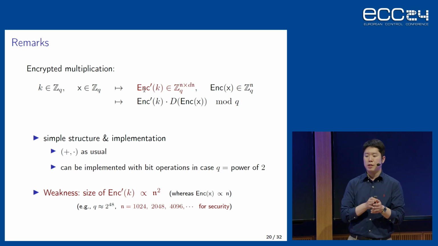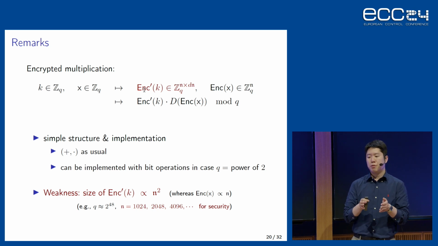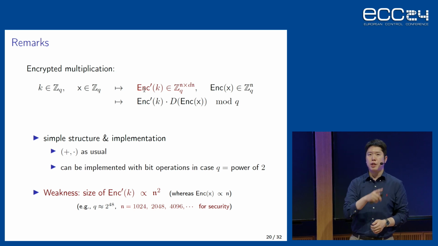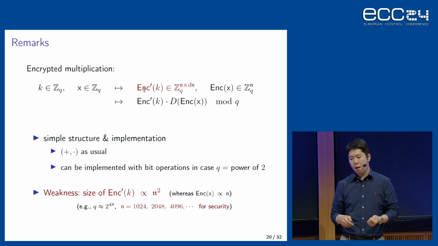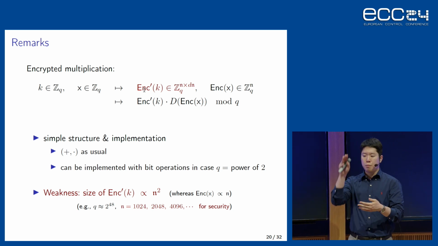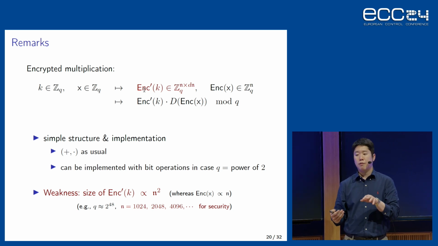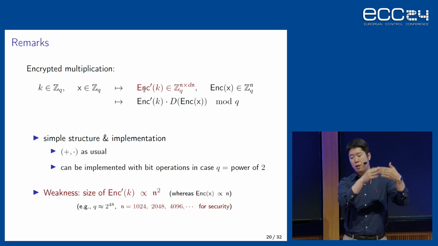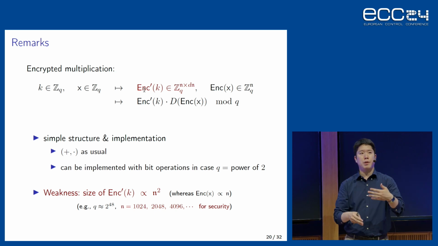If you want to implement an addition operation, then you can just perform addition between two ciphertexts. And if you want to perform a multiplication operation, then aside from the decomposition operation, what you actually do for the encrypted multiplication is to perform large-size matrix and vector multiplication.